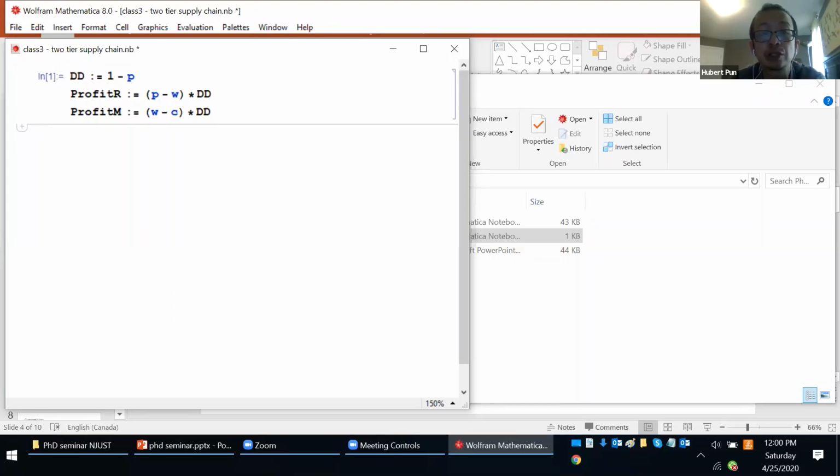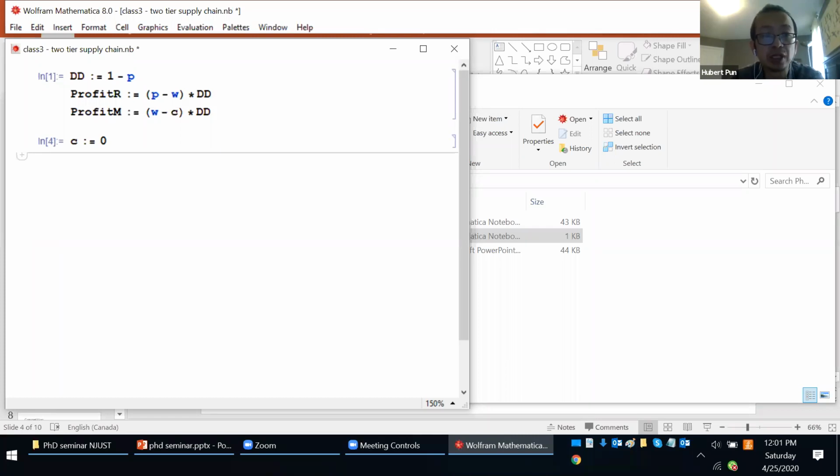Profit R also becomes black because I assigned the value P minus W multiplied by DD to profit R. Same thing, profit M is black because I assigned W minus C multiplied by DD. Okay, for my exercise, I want to keep things simple. I want to set C equals 0. Okay, a simple case.